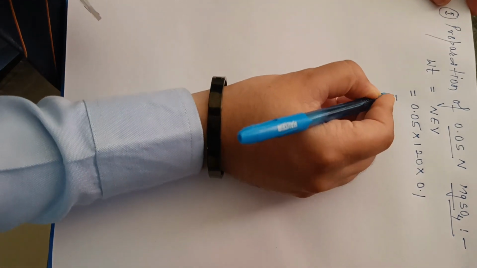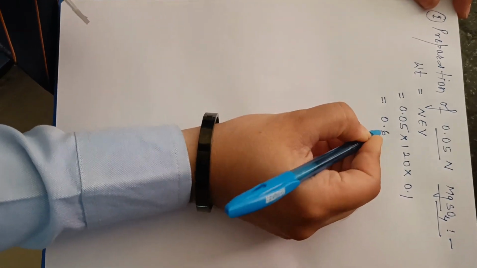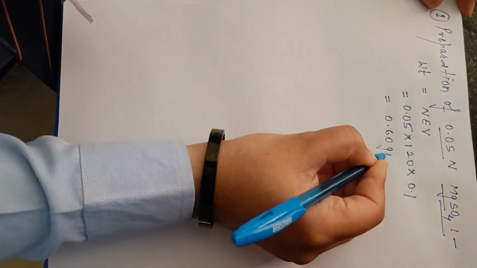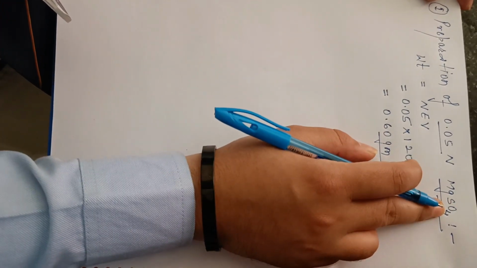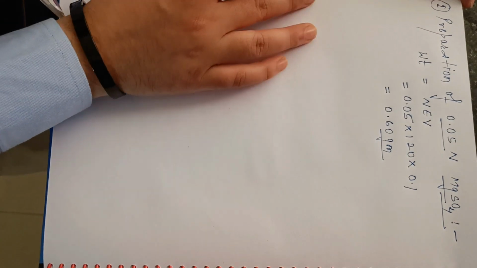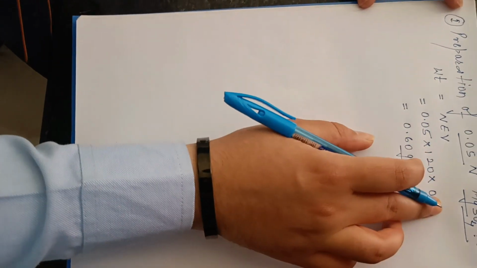So the final value will be 0.60 gram. So we will take 0.60 gram of MgSO4 and dissolve it in 100 ml of water.